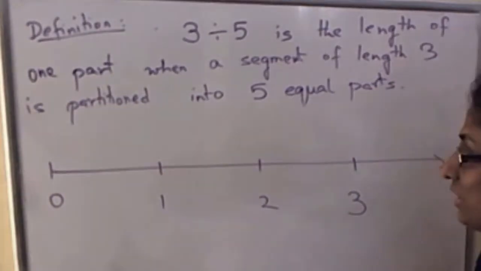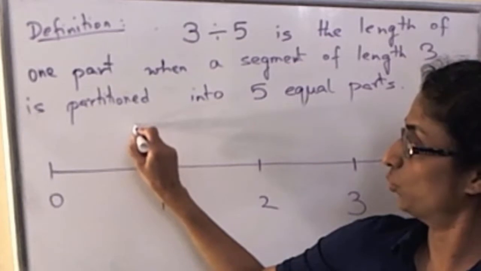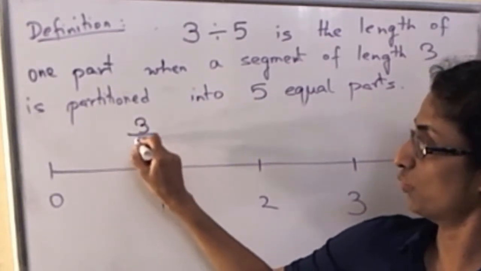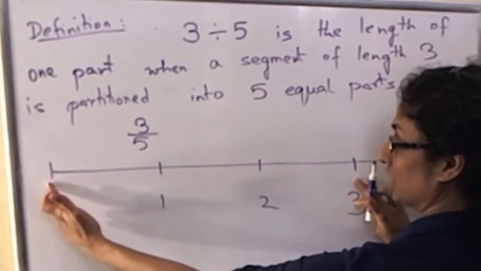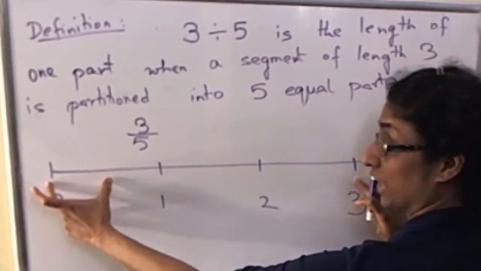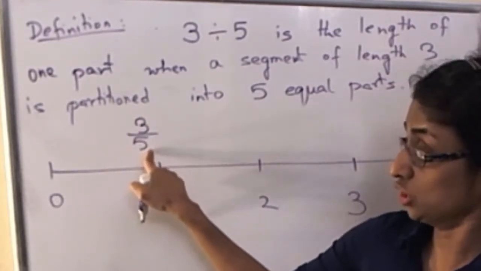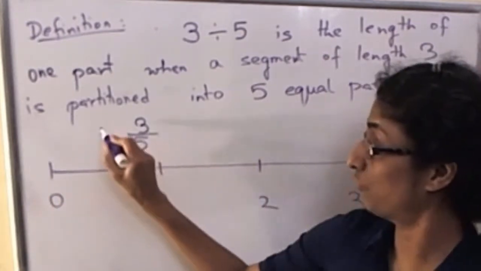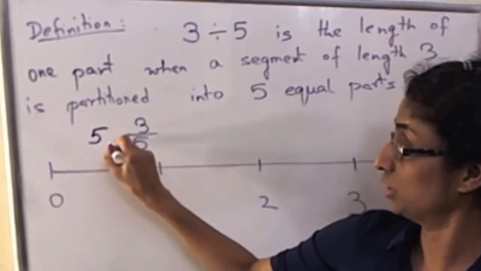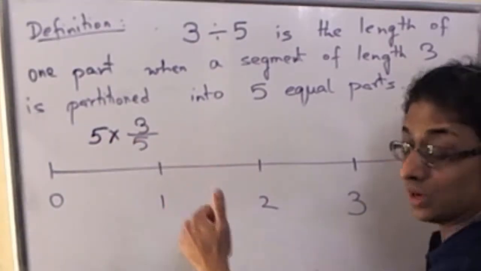So you might be wondering if it's 3 over 5, because you're thinking, well, you're dividing this long segment into 5 equal pieces. If the length of each of those small pieces is really 3/5, and if you concatenate 5 such pieces, then you would get a segment of length 5 times 3 over 5.